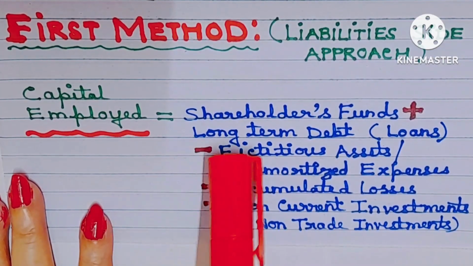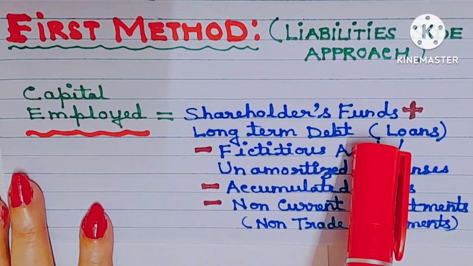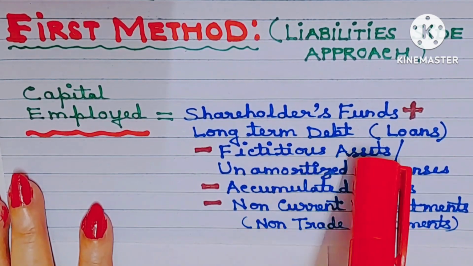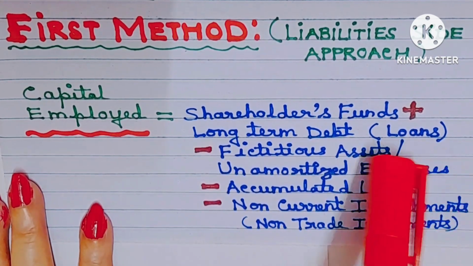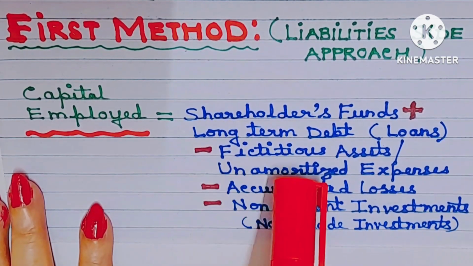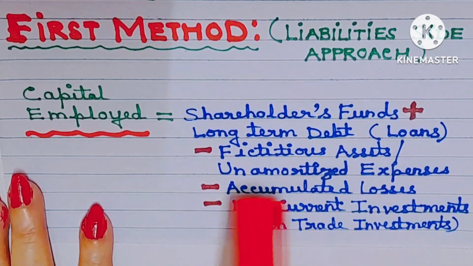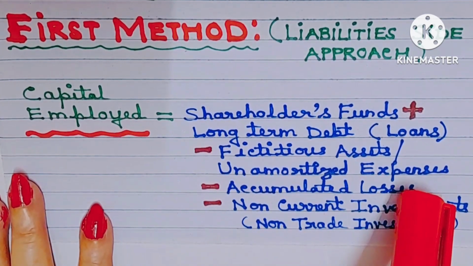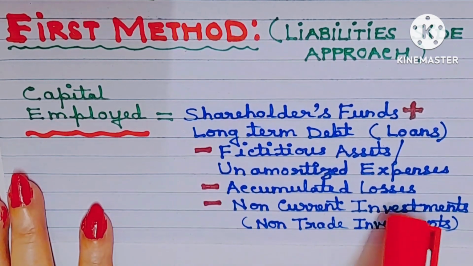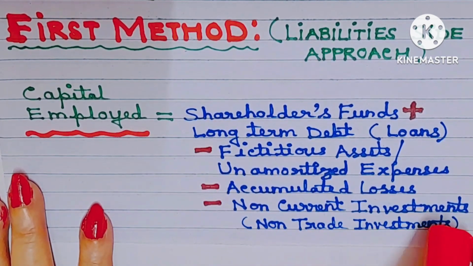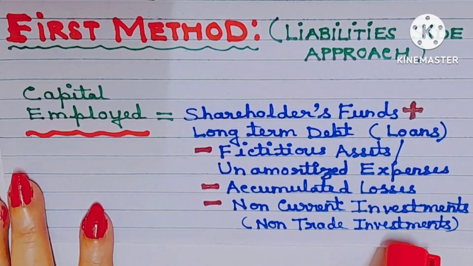Capital employed is equal to shareholders' funds plus long-term debts or long-term loans or long-term borrowings, all the same, minus fictitious assets or unamortized expenses, all the same, minus accumulated losses, minus non-current investments, that is non-trade investment, means investments made outside the business. Okay?